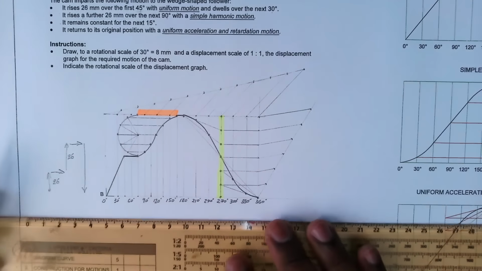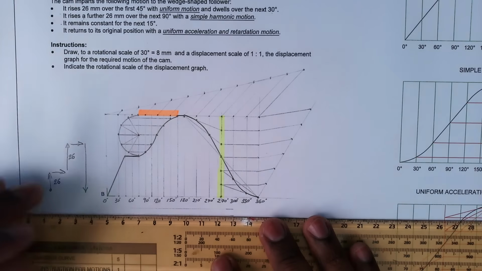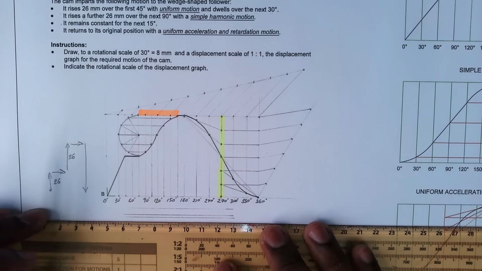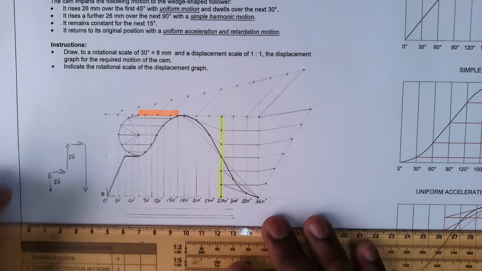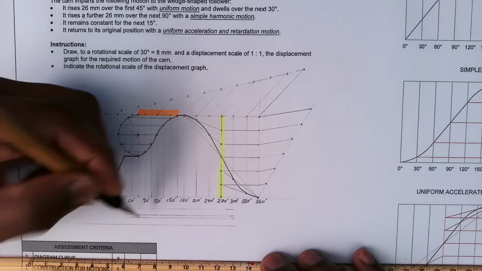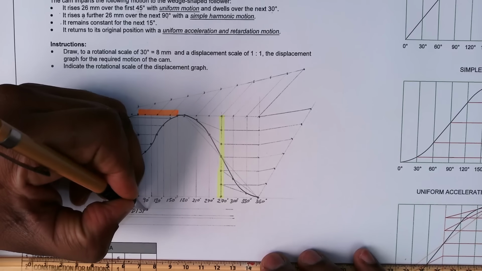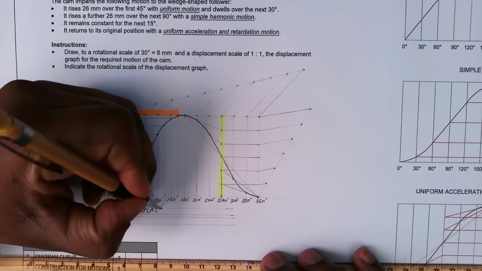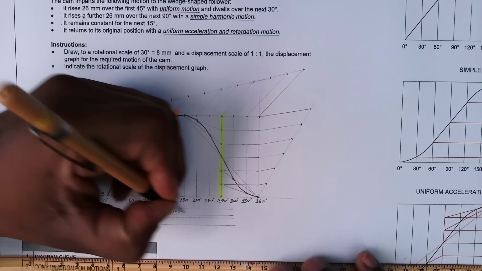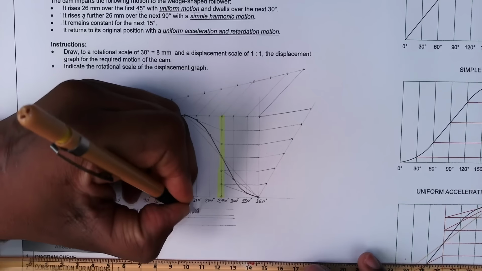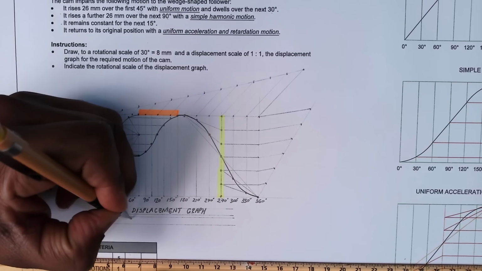Okay, let me just draw the guidelines. And remember, I have to label the graph. So I'll just print the displacement graph, and I'll have to indicate the scale.